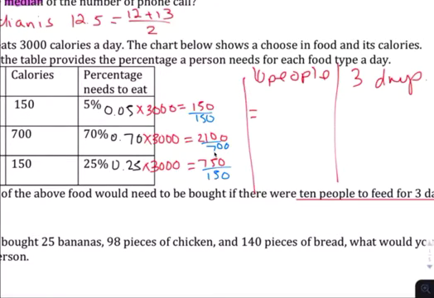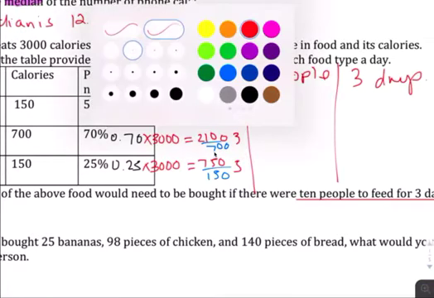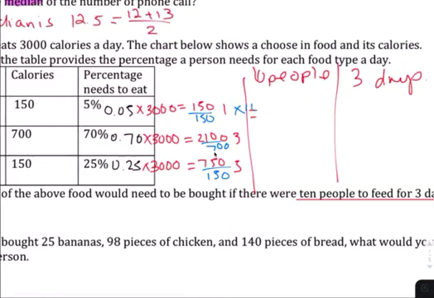So you get 1, 3, and then 5. And then you times the 10 people. Get 10, get 30, and you get 50 here. And then times it for 3 days, times 3, times 3, times 3.